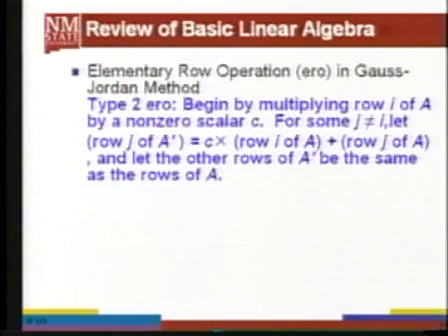And I said type 2 operation tells that a row can be replaced by the sum of that row and the multiple of another row, right?